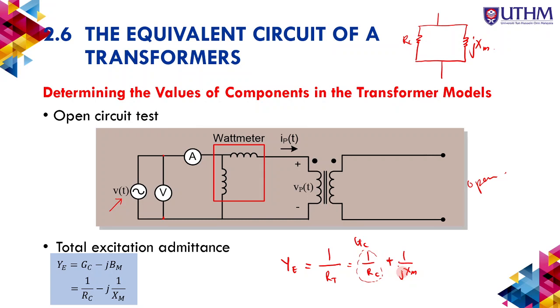So in order to make it reasonable, 1 over XM is BM. Okay, so however they will become BM over J. Okay, but they plus kan.